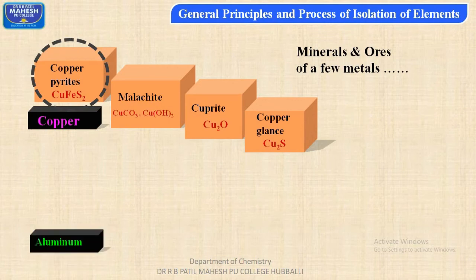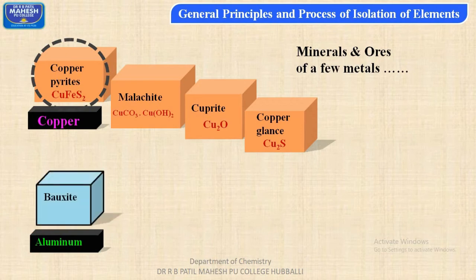Now let us consider aluminium metal. There are three different minerals for aluminium, and the first mineral is bauxite with the formula aluminium oxide dihydrate.